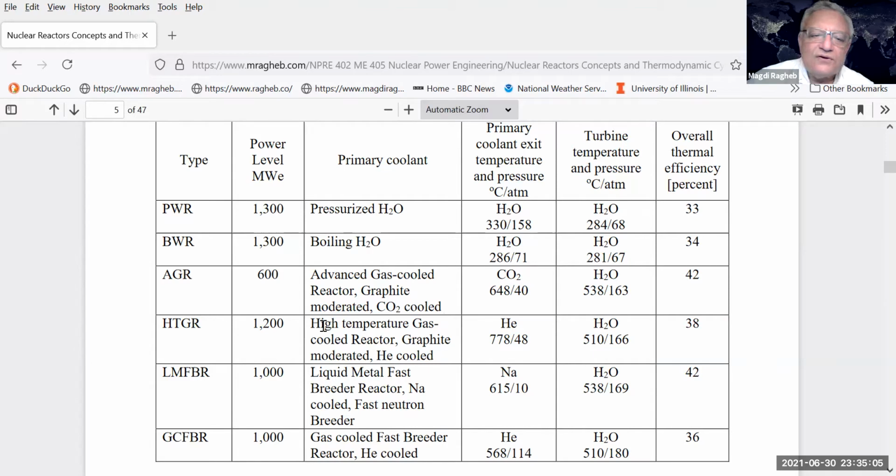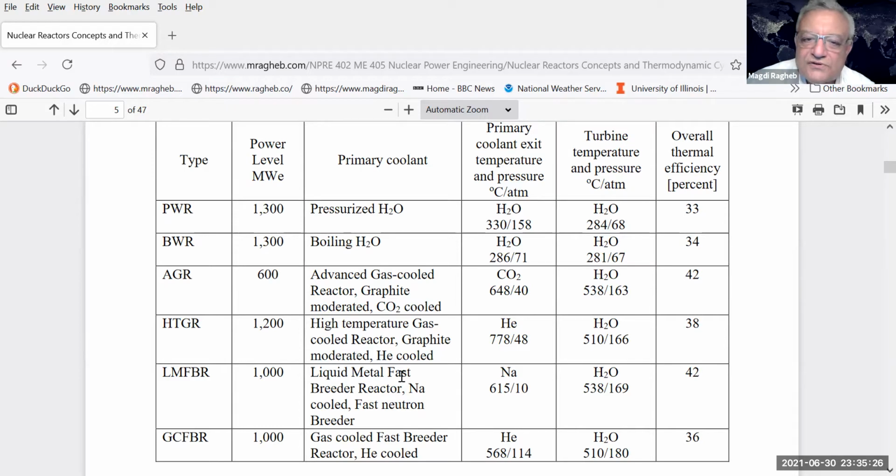But notice, because we use graphite as a moderator, and here we use sodium, which is not a good moderator, in that case the neutrons remain fast and they can achieve the process of breeding, producing more fissile fuel than what we consume, not double or triple, but maybe 25%.